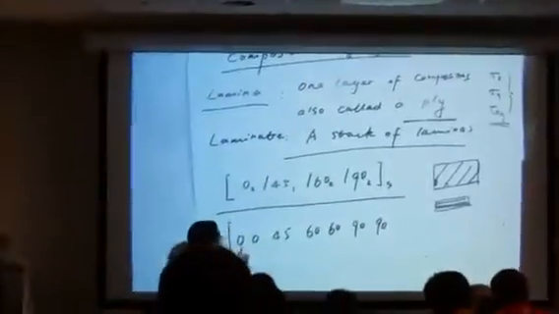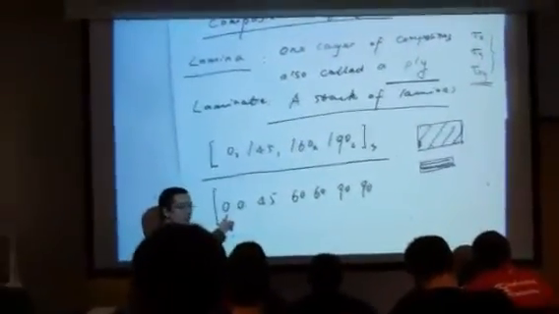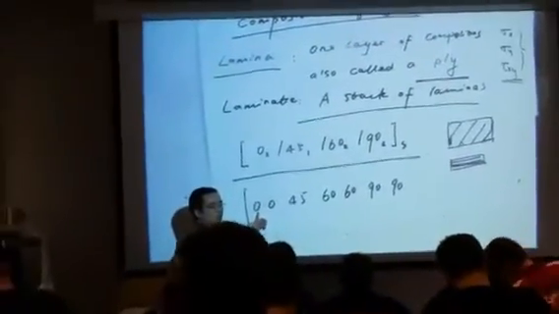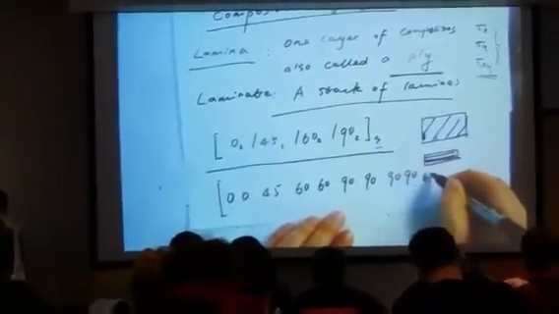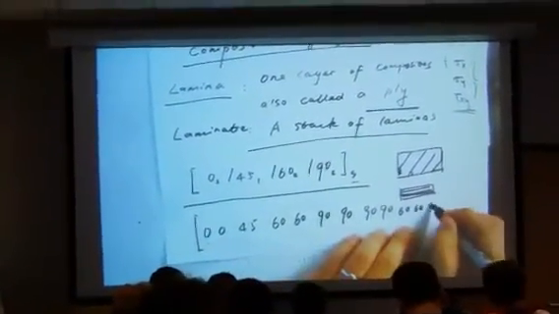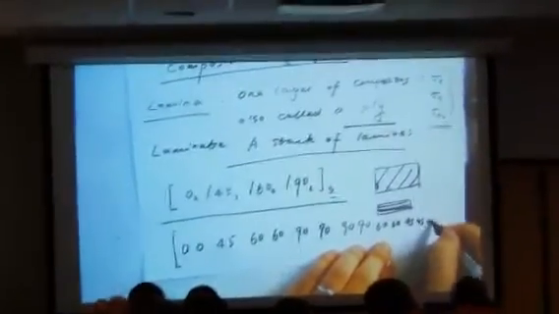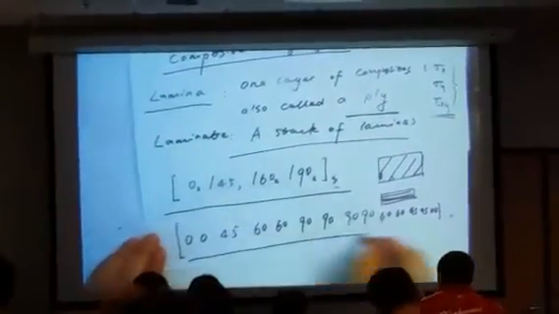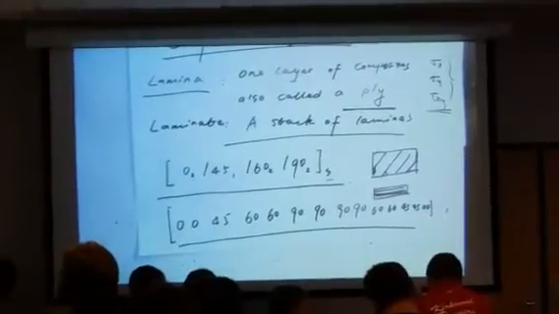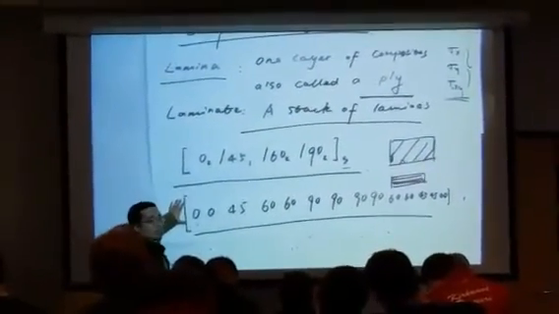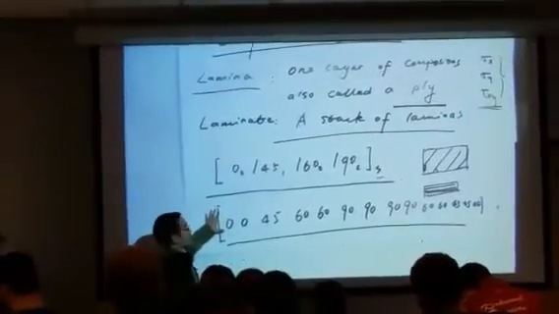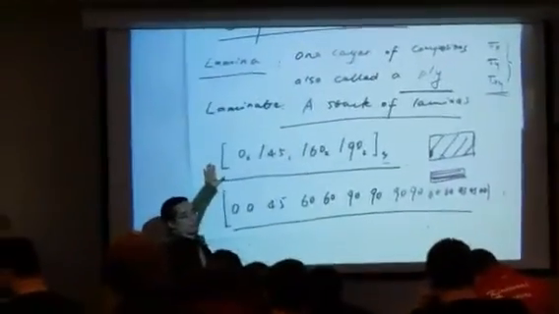So for each ply, this number will give you the direction of that filament. So this is the meaning. And this S means you have symmetry: 60, 60, 45, 45, 0, 0. This is the meaning of this notation. In ANSYS modeling, maybe Chris will tell you, okay, build a composites model for me like this.